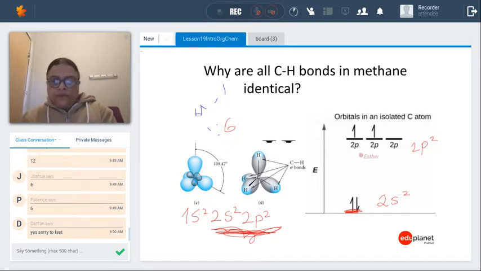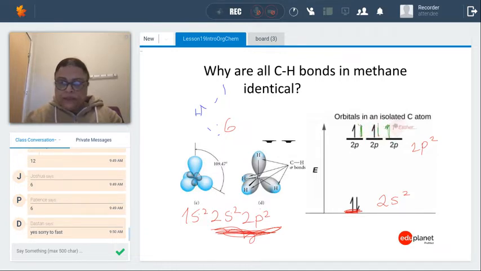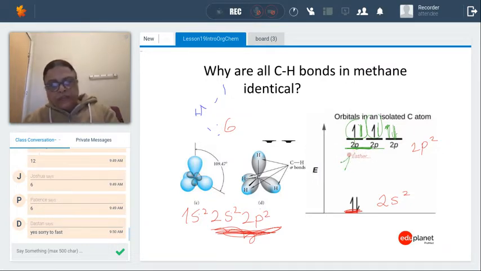Now, if you look, carbon is missing 4 in order to become a noble gas. So 1 here, 1 here, 1 here, and 1 here. It means that these two will be a different kind of bond, because we have 1 electron coming from the carbon, and also here 1 electron coming from the carbon, and another electron coming from somebody else.